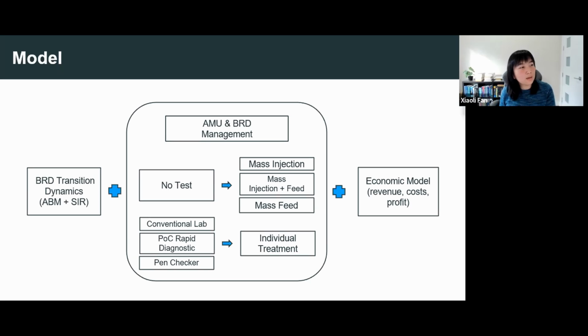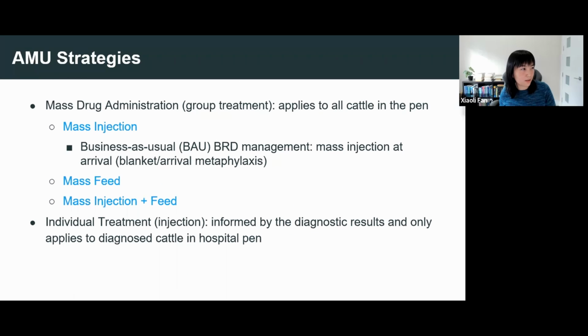And then in our simulation, we will keep track of the revenue, the costs, and the profit associated with different strategies. So for antimicrobial use strategy, there are 2 groups of strategy. The first group are the mass drug administration ones, or the group treatment.